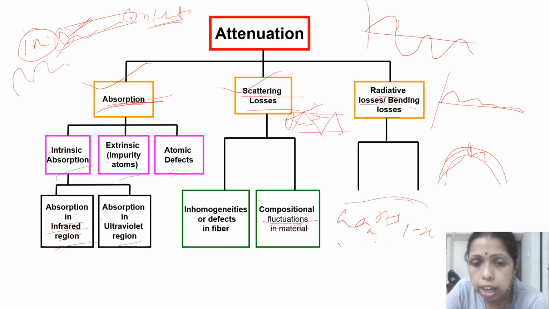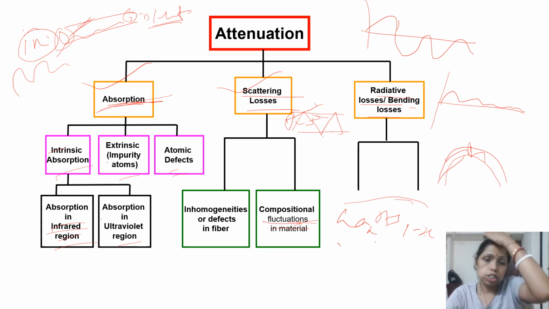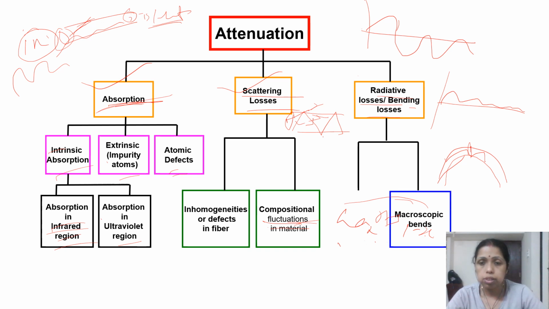So this is the fluctuation. Next, inhomogeneity, this I will discuss also. The bending loss also can be divided into two parts: one is micro bending, another is macro bending.